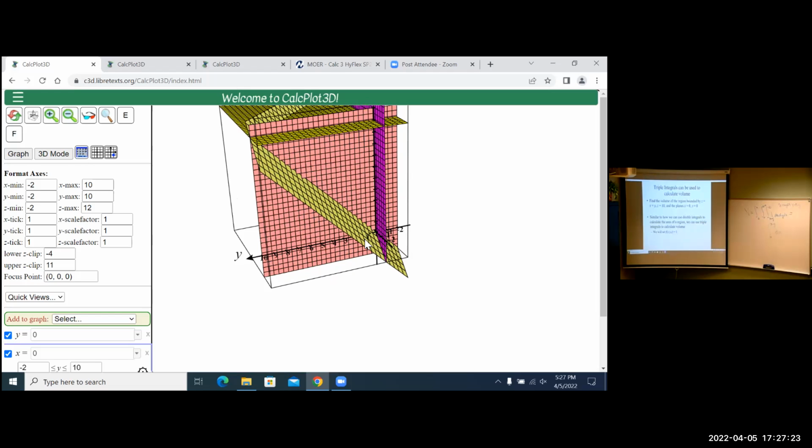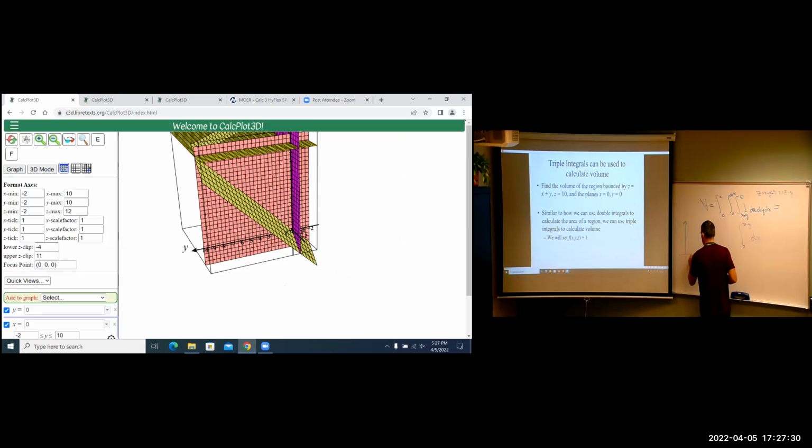So let's talk about what these look like. And this is again where you can use CalcPlot3D in order to draw these things. Okay, so what's happening? Well, I know it's getting cut off here because y equals 0 was one of our planes. We got this slanted plane coming through like this, and it basically is at a 45-degree angle. Remember that now we're in the yz plane, so we're where x equals 0.